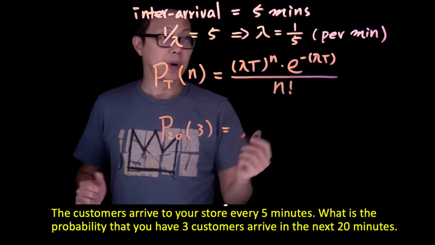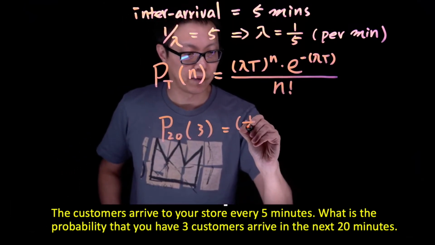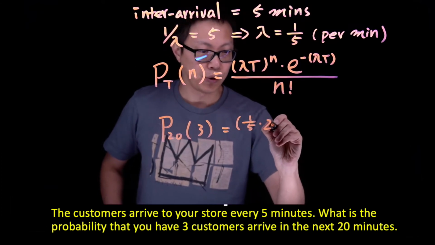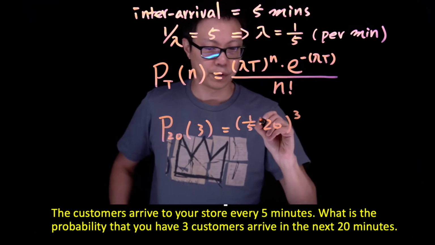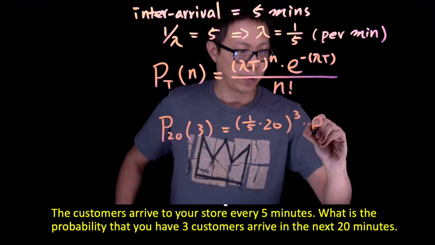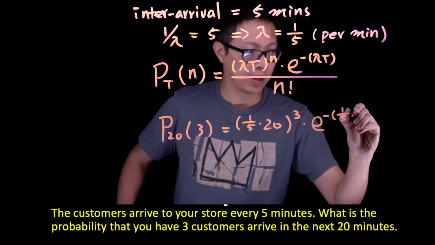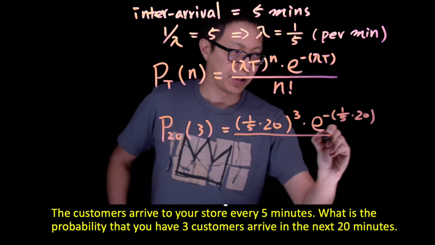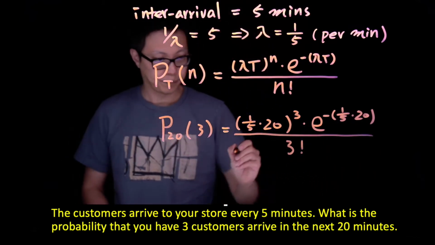And we just need to plug in all the numbers. We know lambda is 1 over 5. And our t is 20. Our n is 3. We have exponential of negative 1 over 5 times 20, everything divided by 3 factorial.